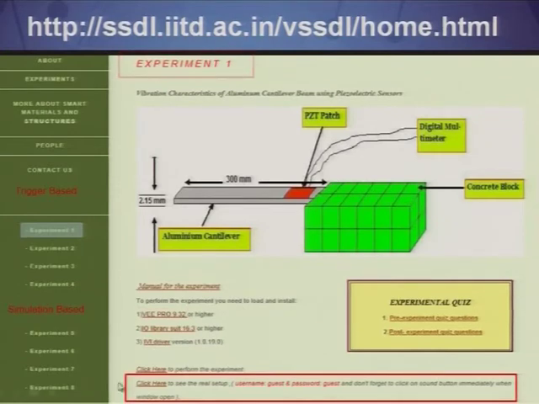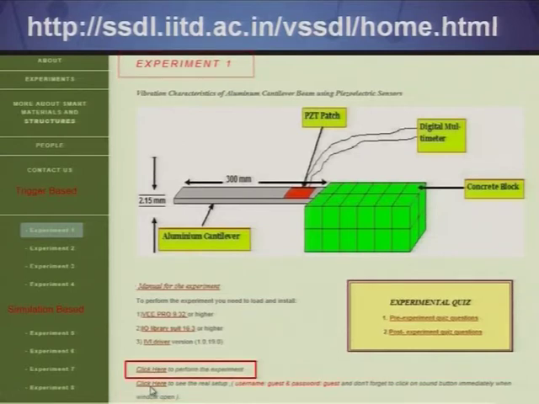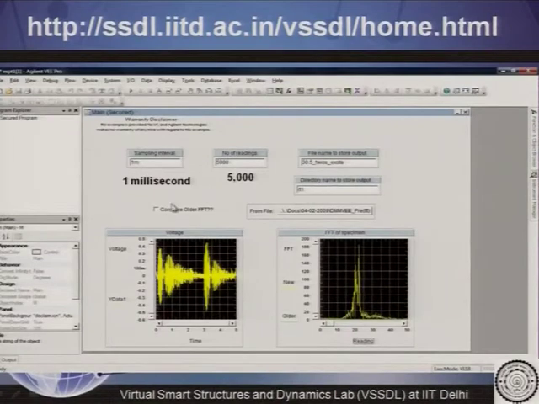Next he can see the real setup of the experiment by clicking this link, and then he can click this link to perform the experiment. So, when he has installed the vPro software and performs this experiment he will get this screen.